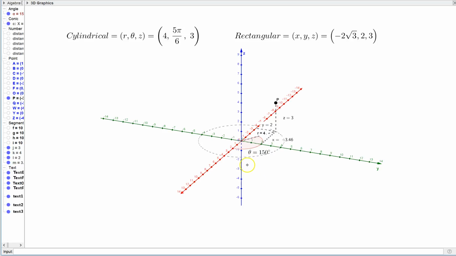Along the x-axis, you go negative 2 times the square root of 3, which is about negative 3.46. And then you go 2 in the positive y direction, and then 3 up along the z-axis. So you can see how both work together in this picture.